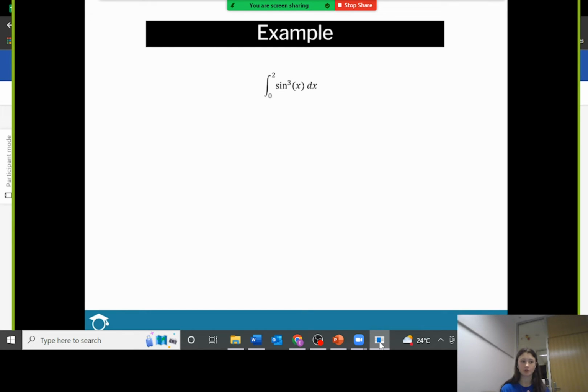So you've got to make sure that when you are substituting the limits in, it's for the function of x, not for the function of u. Or if you're going to do it for the function of u, you need to make these x limits applicable to a function of u. So, getting started here.